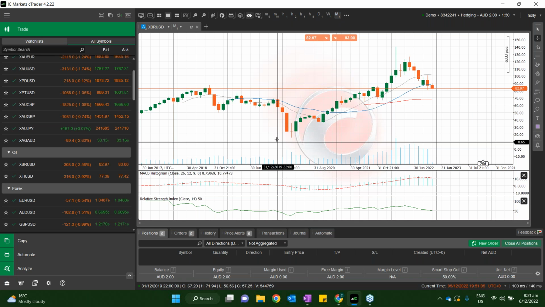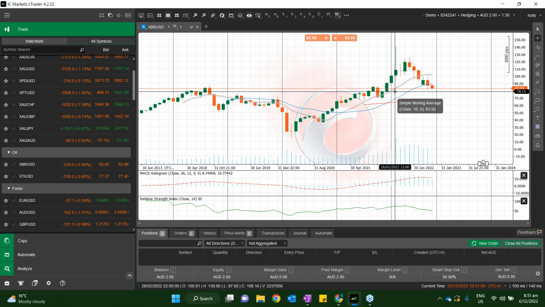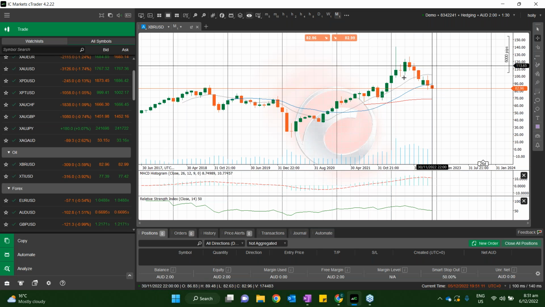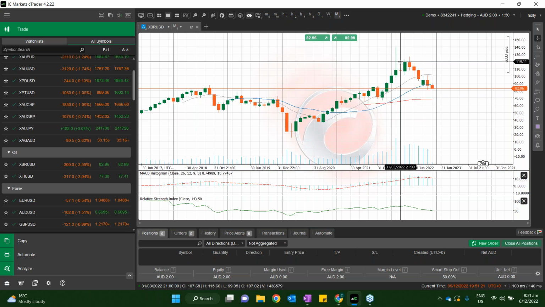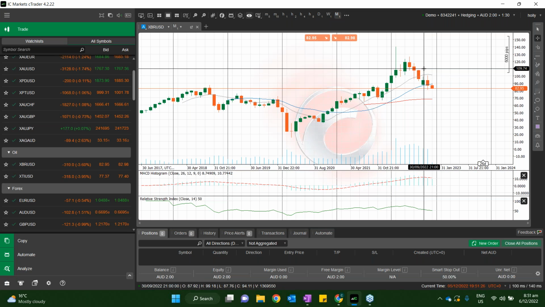Oil, Brent oil, let's look at. So here's one that I've been expecting to move to the upside, and it hasn't done it yet. Why did I expect this to move to the upside? A few months ago, back in September or October, I was expecting oil to rise.